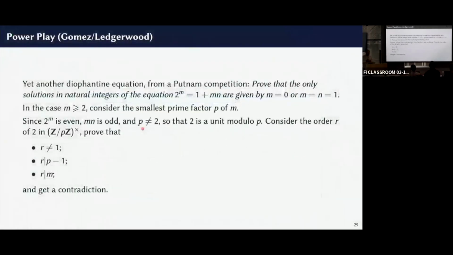And so now we need to get a contradiction. Mathematically, the contradiction is easy. In Lean, it's not so easy. So R divides P minus 1.